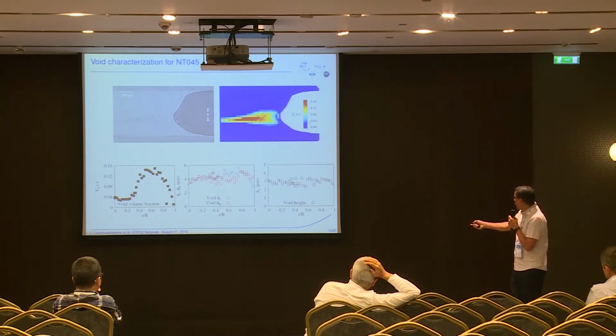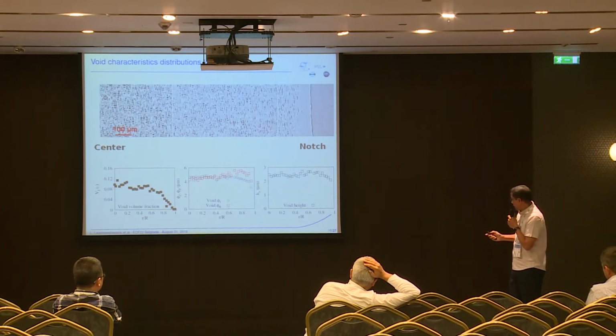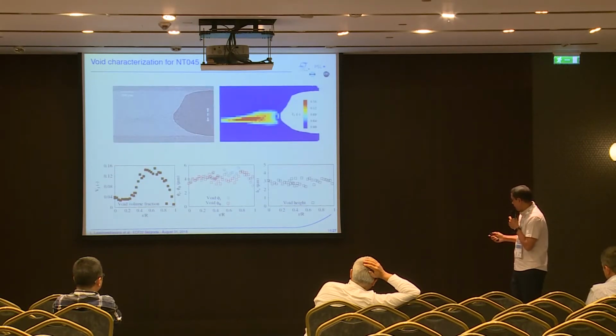And then if you plot the void volume fraction against the normalized radius here, we can see that the maximum is near the notch, but not at the center, like on this notch radius. We have also measured the void diameters and the void height here.